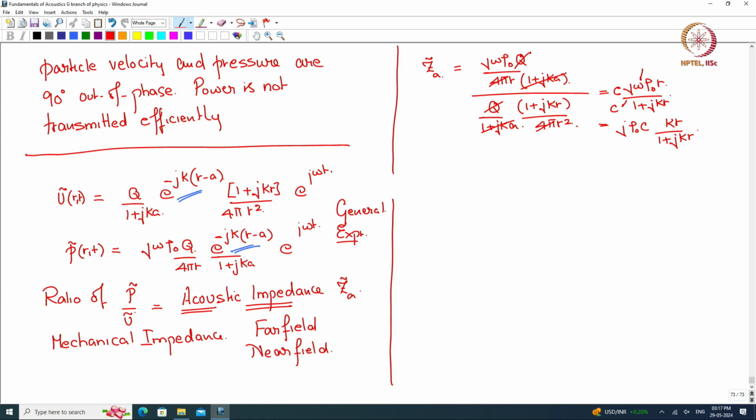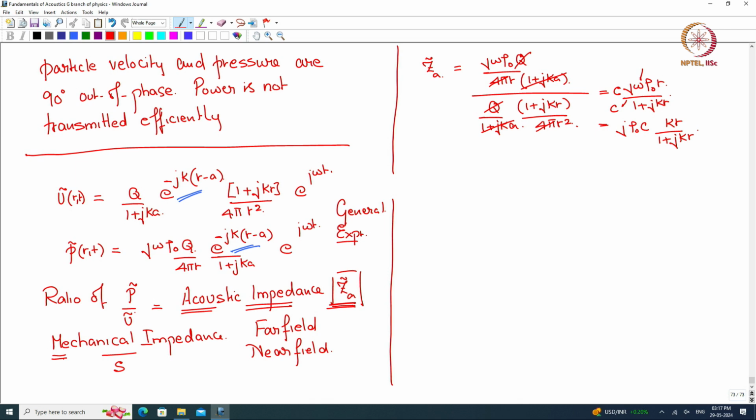Okay. So, last time we have already seen what is mechanical impedance, and now we are seeing what is acoustical impedance or acoustic impedance. They are not very different. Mechanical impedance divided by the cross-sectional area dimensionally becomes acoustical impedance, and its characteristics are the same as that of mechanical impedance.